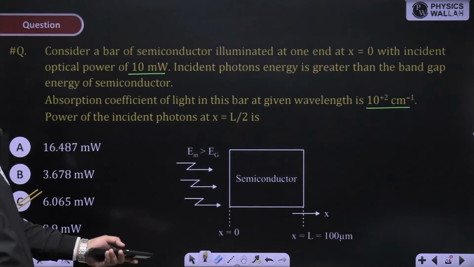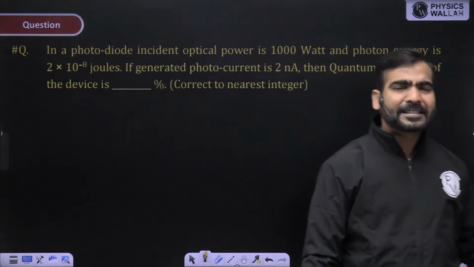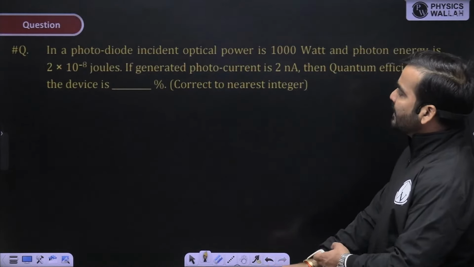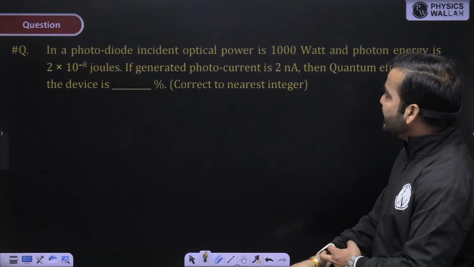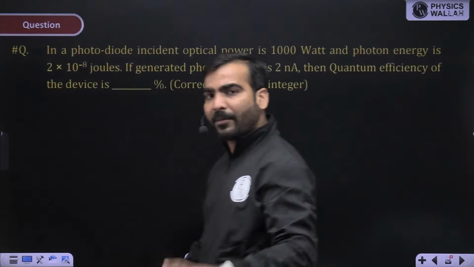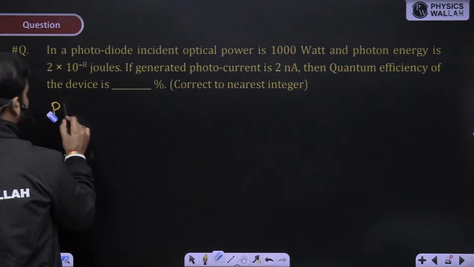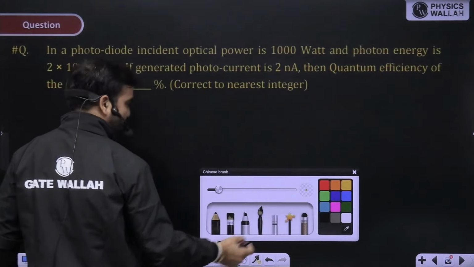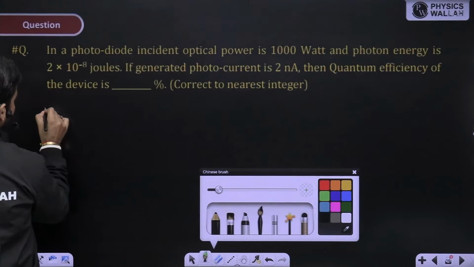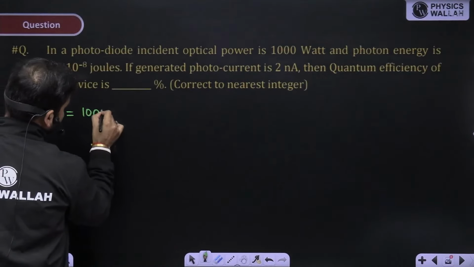Okay, let's move to the next question. Next question is again very simple. Question is, in a photodiode, incident optical power is 1000 watt. Incident photon power or incident optical power, both are the same thing. And that is given as 1000 watt.